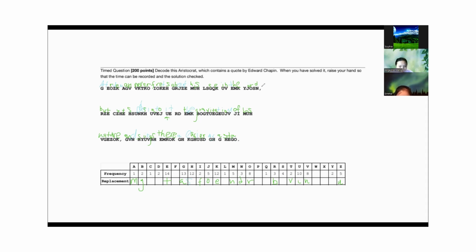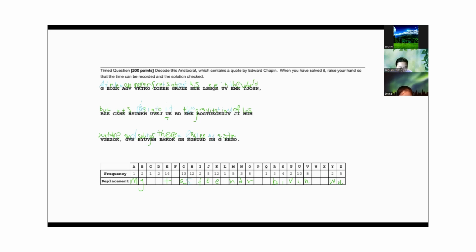I think this looks like world because it's blank O-R blank D. I think that's another word pattern that's helpful to me. Or, yeah. World. W. Oh. Where's the other O? Swing.